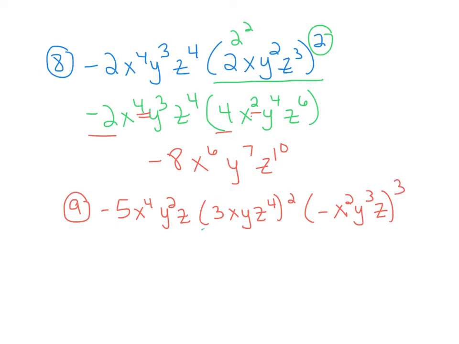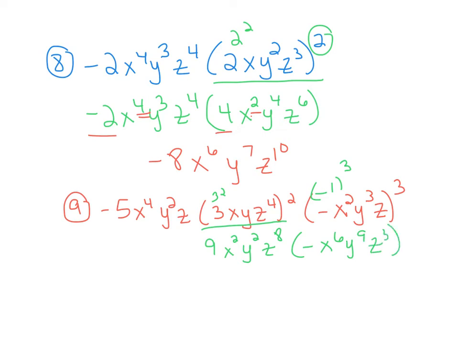All right, so again, we've got to take care of this parenthesis first. 3 squared, 9, x squared, y squared, z to the 8th, times, now remember, this is -1 cubed, so the negative's going to stay, so -x to the 6th, y to the 9th, z to the 3rd, and then now you're ready to multiply all three together.